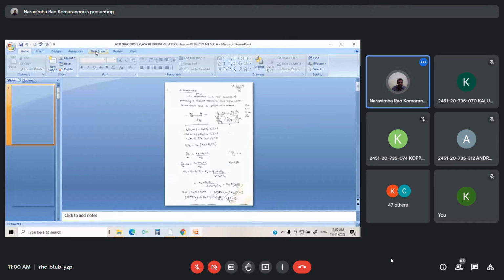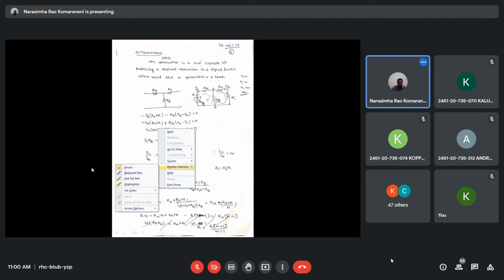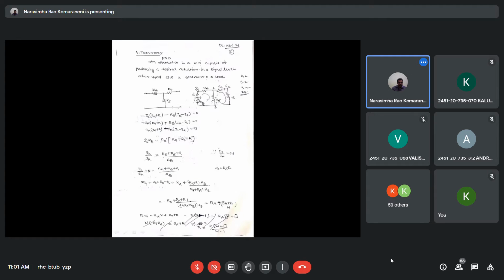It is terminated by the resistance R, and the current flowing through this branch is IR. Now, applying KVL in mesh 2.